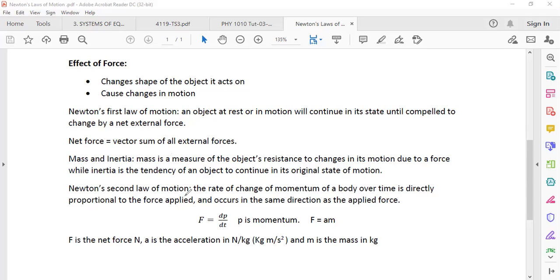Newton's second law of motion states that the rate of change of momentum of a body over time is directly proportional to the force applied and occurs in the same direction as the applied force. Or in other words, the force on a motion is directly proportional to its what?